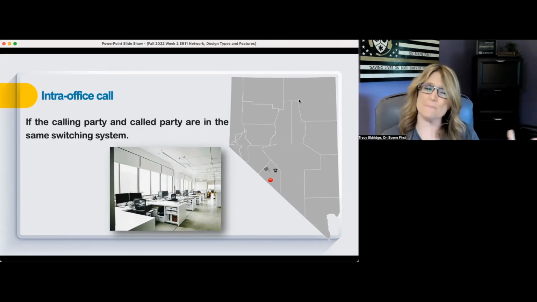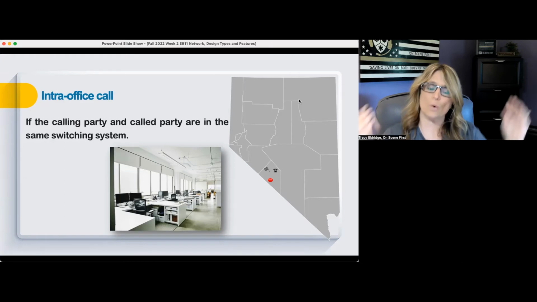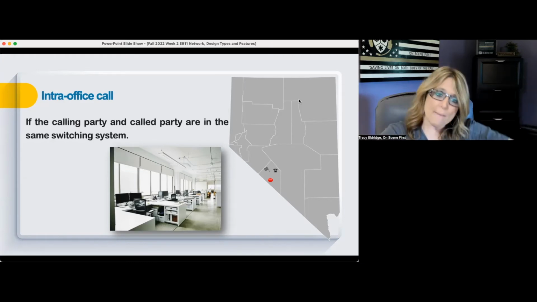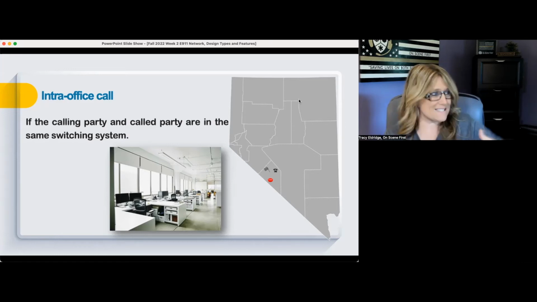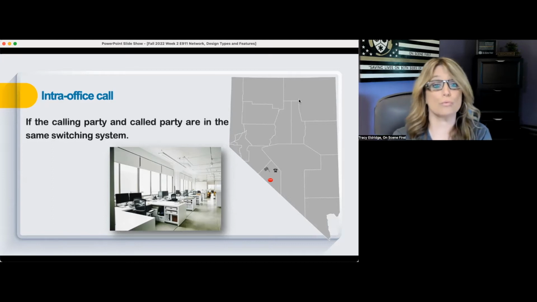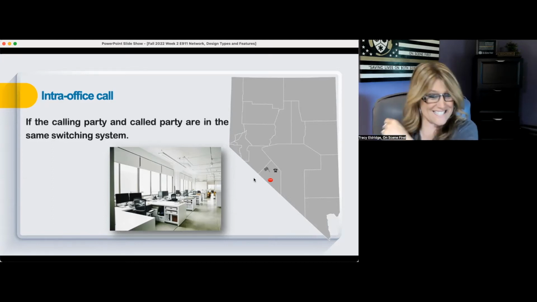Think of that as maybe a town. If I'm in Rochester, Mass, and I'm calling my neighbor, it's technically an intra-office call because it's wicked close. So that's the first intra, rah, rah. They're inside our switching network.